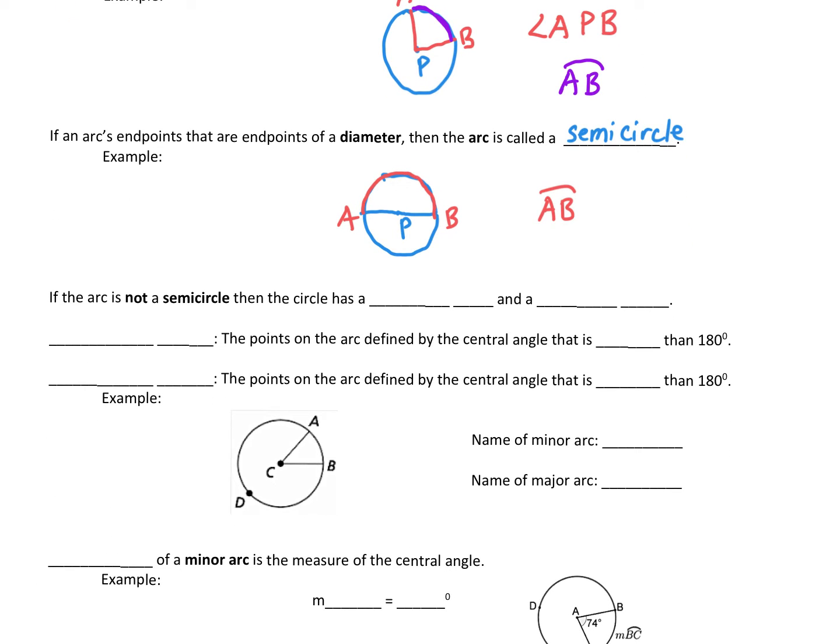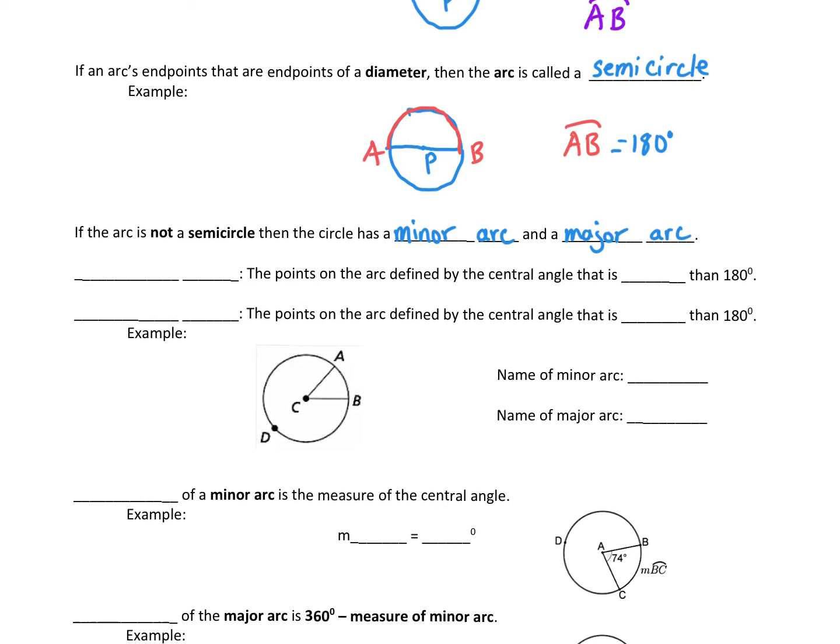Next, if the arc is not a semicircle, then the circle has what we call a minor arc and a major arc. So the semicircle is half of the circle, which is 180 degrees.